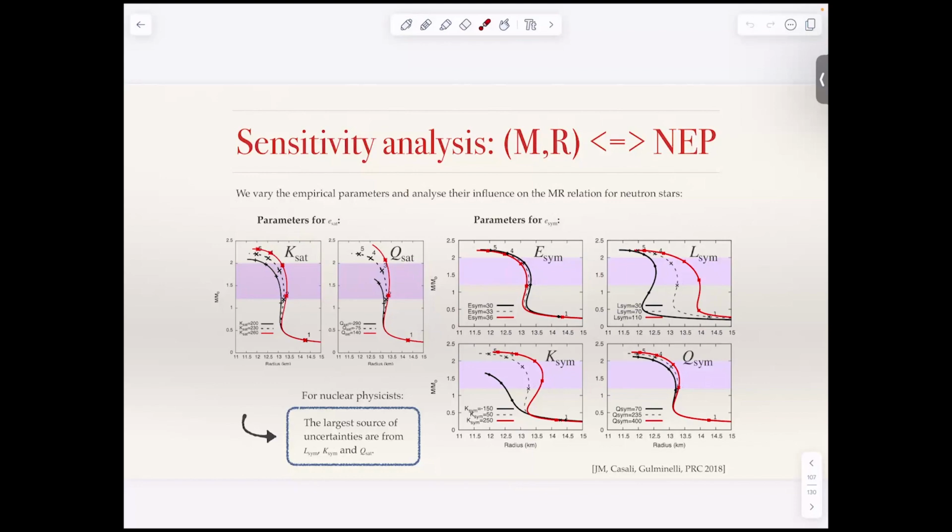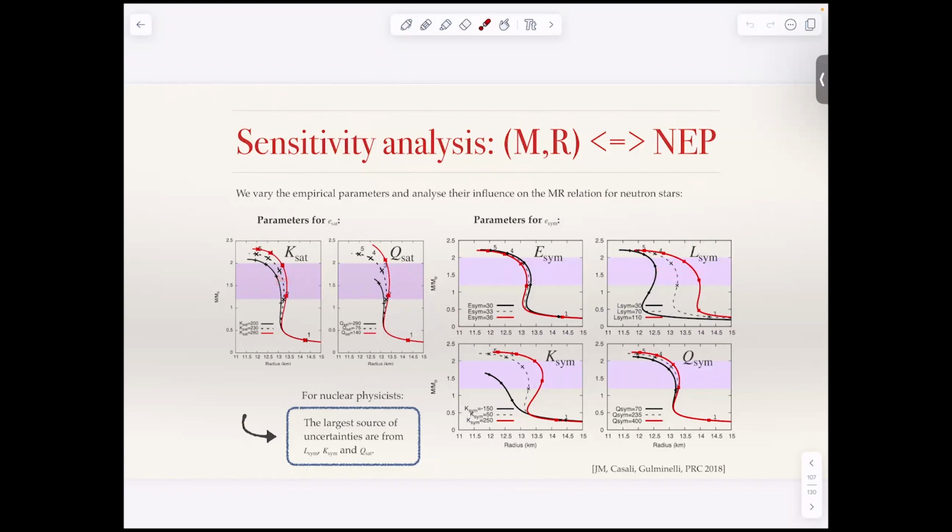So I consider the variation of these empirical parameters inside the present knowledge we have. And you see that the impact on mass or radii of neutron stars is pretty moderate or pretty limited. So it's not null, but it's smaller than some other uncertainties that you may have on the slope of the symmetry energy, which will produce an uncertainty in the radius that is way larger.